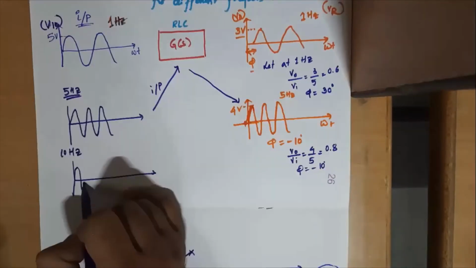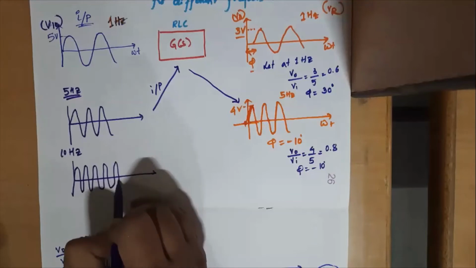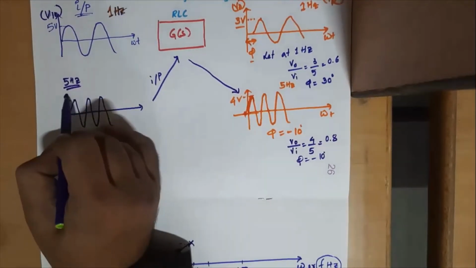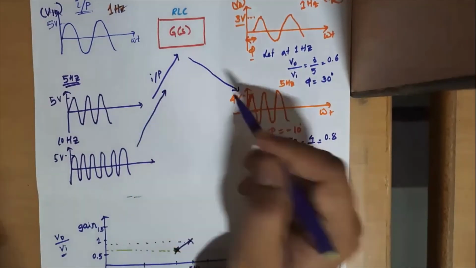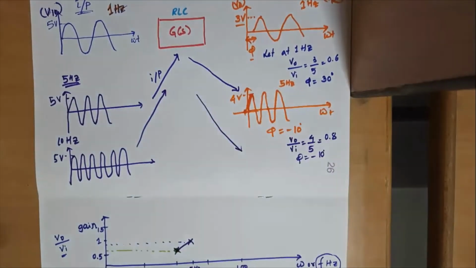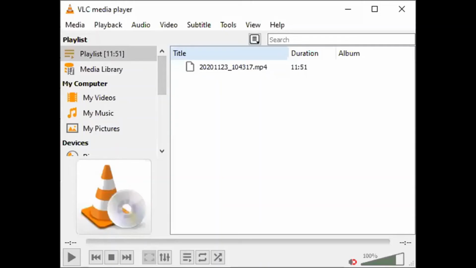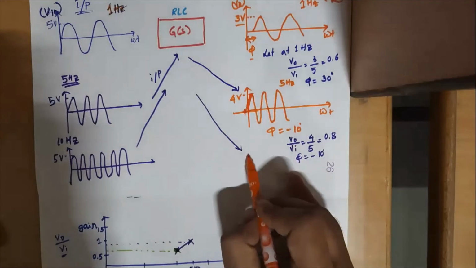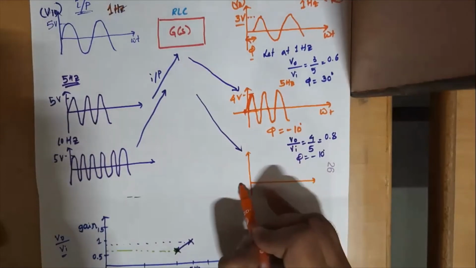Let me take another last example. The input has the same magnitude, always the same magnitude, only the frequency changes. So the third output goes something like this.